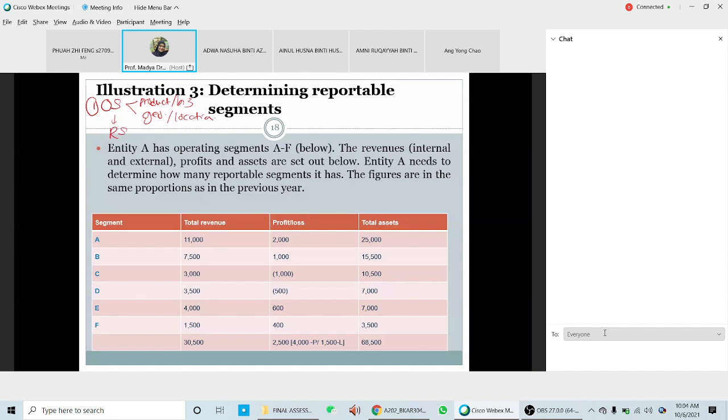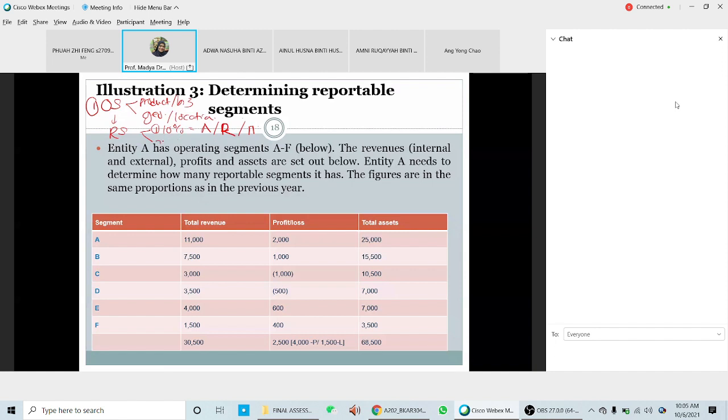For reportable segments, we need to do two tests. The first test is a 10% test. The 10% test means that the revenue, profit, or assets should be more than 10%.